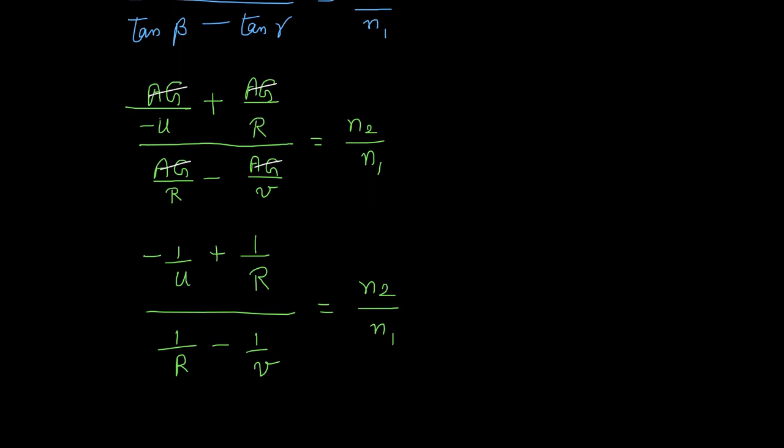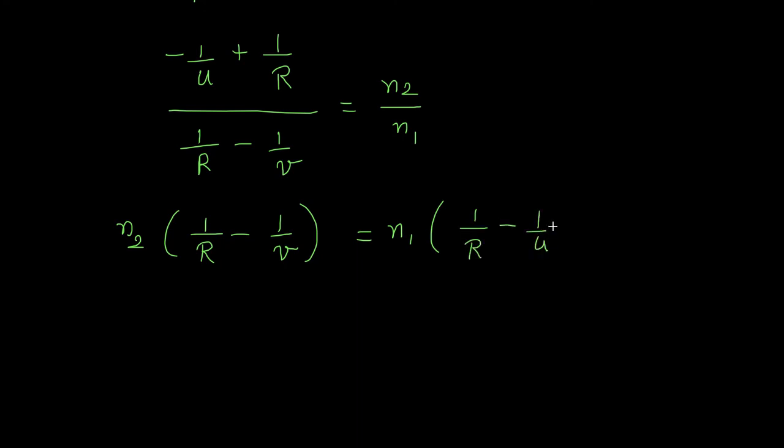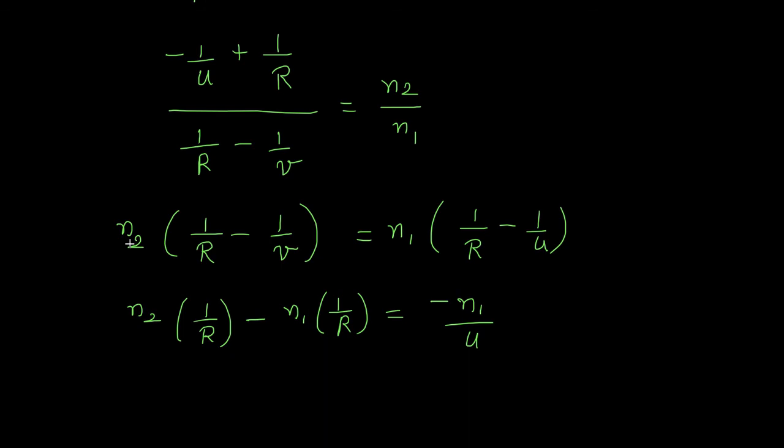For this equation, on cross multiplication, we write N2 into 1 by R minus 1 by v is equal to N1 into 1 by R minus 1 by u. If we take R terms to one side, N2 into 1 by R minus N1 into 1 by R equal to N1 by minus u minus N1 by u, minus N2 by v.